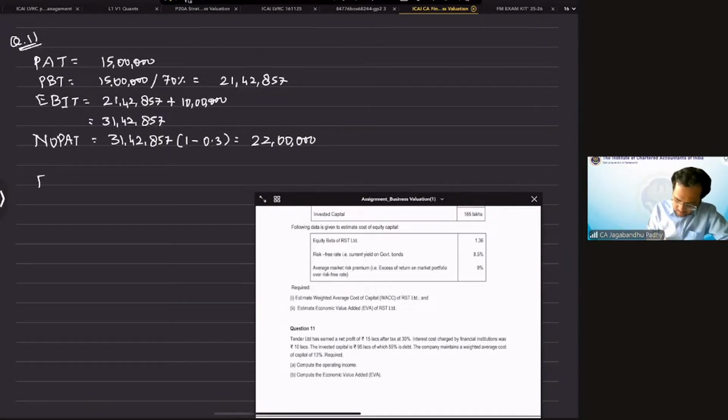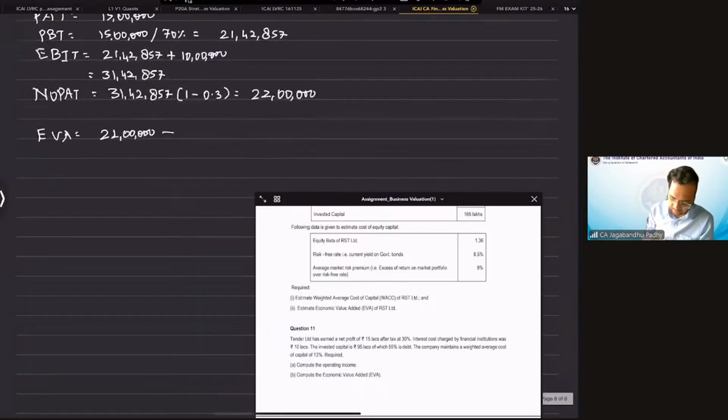Now we can get the EVA simply as 22 lakhs of net operating profit after tax minus the weighted average cost of capital, which is 13% of 95 lakhs.